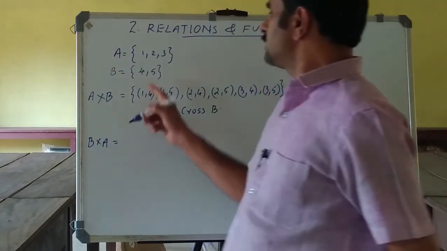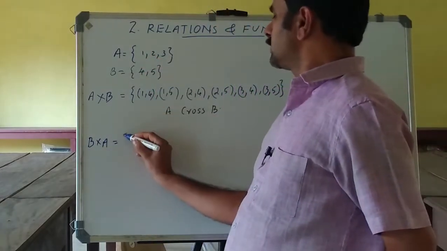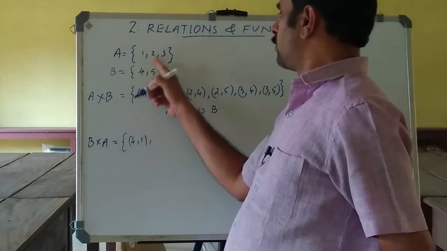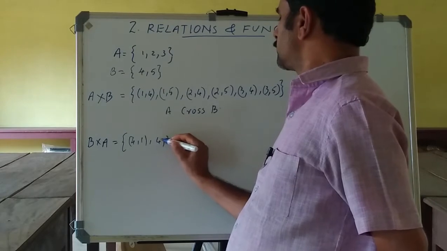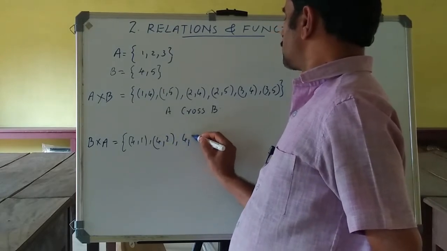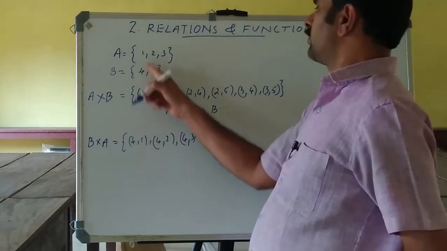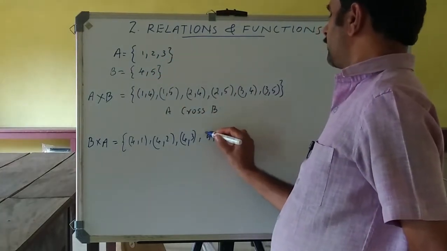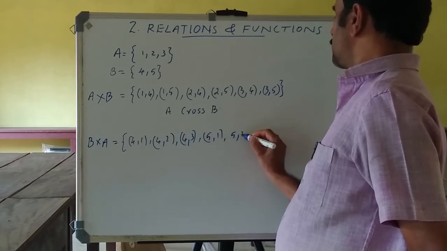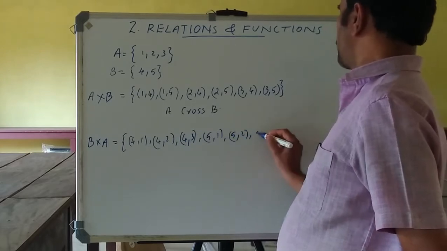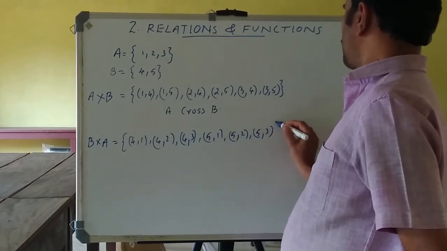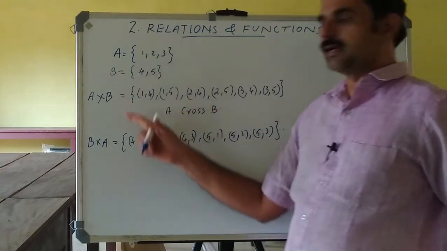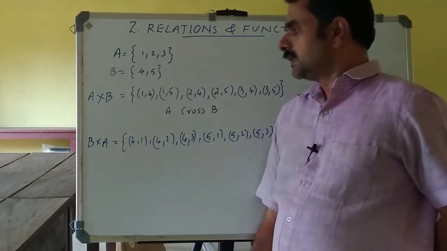B cross A is {(4, 1), (4, 2), (4, 3), (5, 1), (5, 2), (5, 3)}. So this is the difference between A cross B and B cross A.